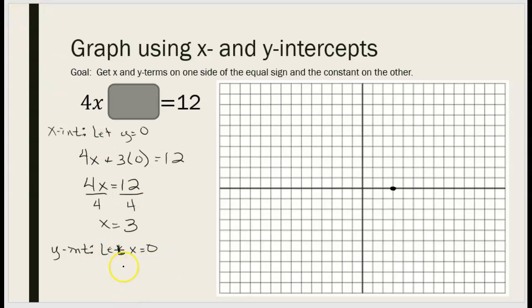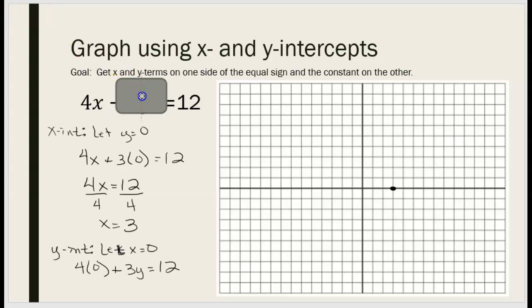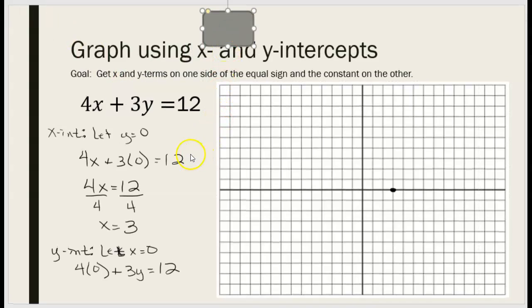All right. So when x equals 0, here's what this thing looks like. We're going to take 4 times an x value of 0 plus 3y is equal to 12. I had 4x plus 3y equals 12, but my x value is going to have to be 0 because I'm looking for the y-intercept.